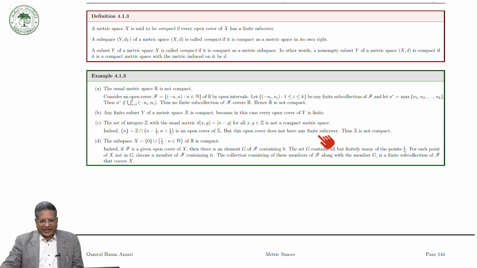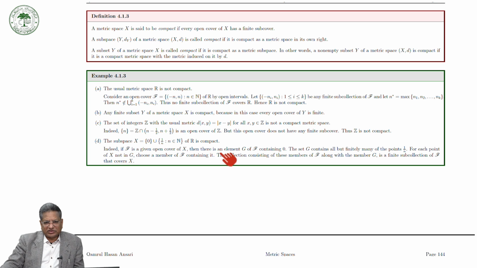Let's take one more example. Take the subspace X equal to {0} union the elements 1/n, n a natural number. For example, we take 0 union the set consisting of 1/2, 1/3, 1/4 and so on. Then this set is a compact set. How is it compact? Let us see. If F is a given open cover of X, we will have to prove that it has a finite subcover.